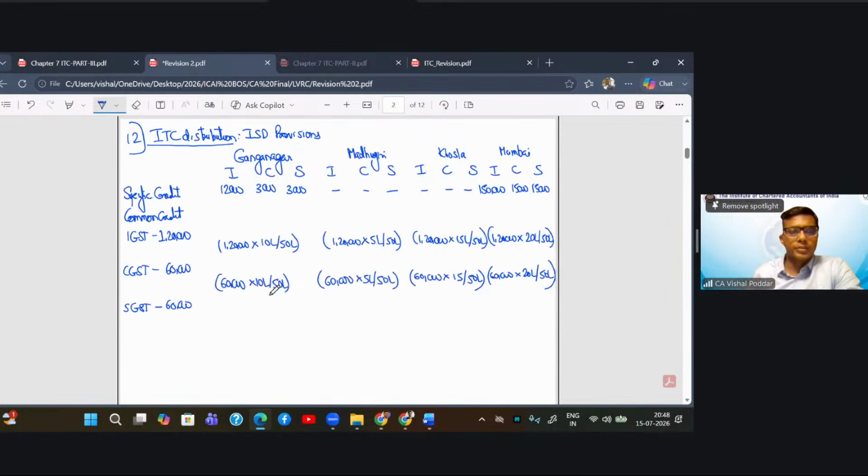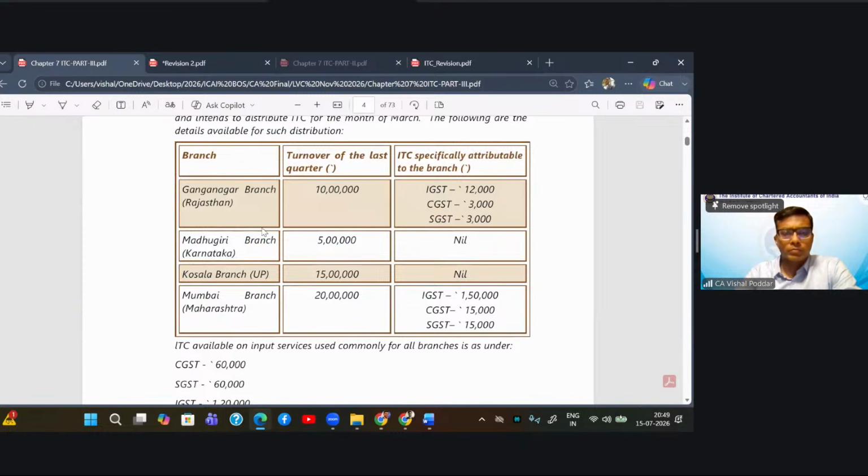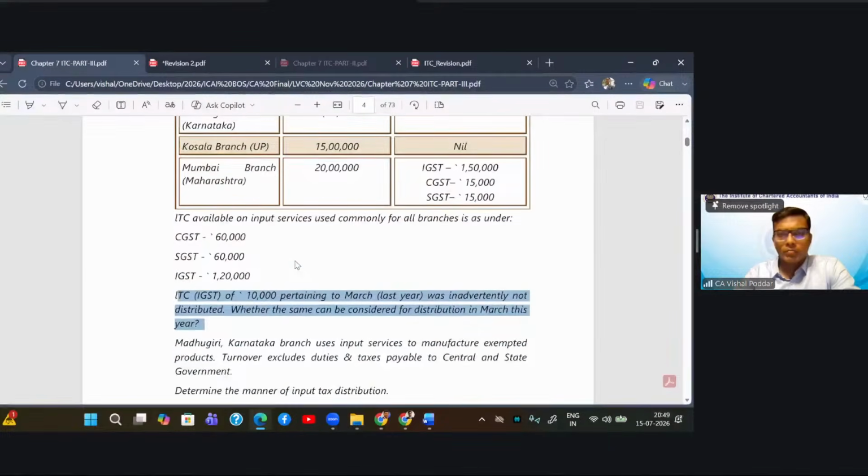And the same thing will go for SGST, correct? Right, students? Clear? No doubts?